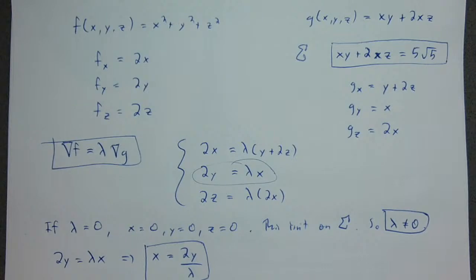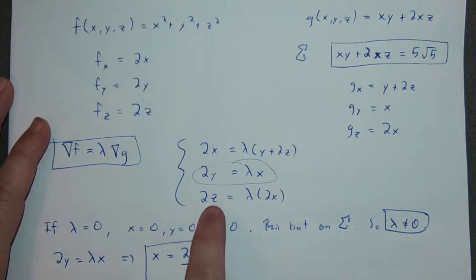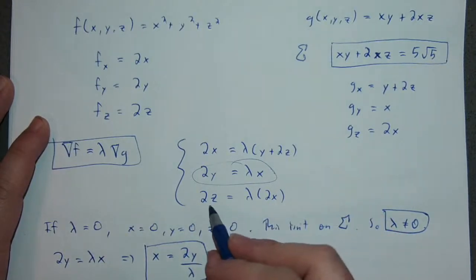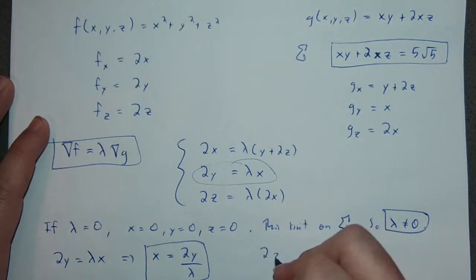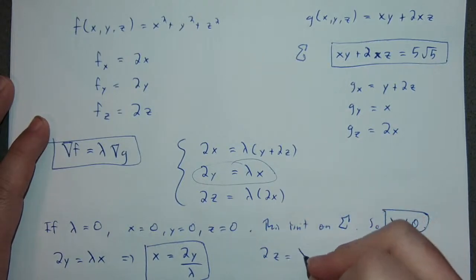Well, then knowing that, looking at the second equation means that I have 2z is equal to lambda times 2x.